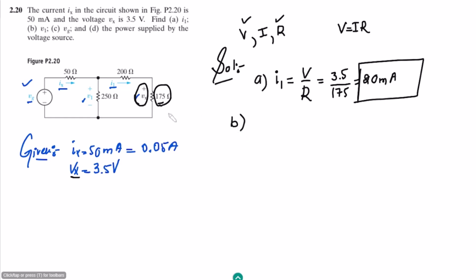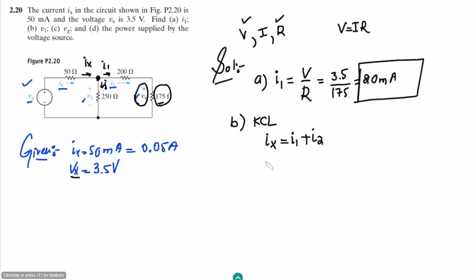In part B, we need to find the value of V1. V1 is unknown, and here we can see at this node, the current Ix is coming in and then splitting into two components, where this one is I1 and let me call this one I2. Applying KCL here, Ix, the current coming towards this node, is equal to I1 plus I2.